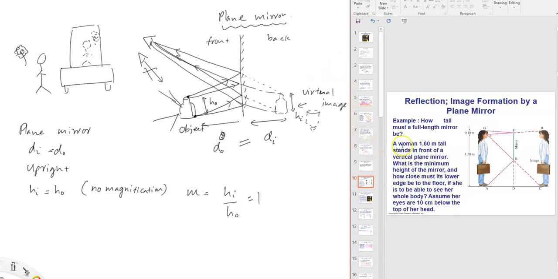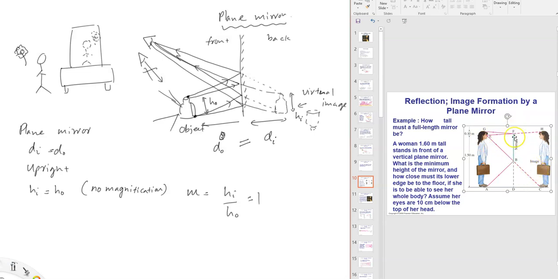The height of the person is 160, so from bottom to top of the head, 1.6 meters. And her eyes, which are what we need to see something, are 10 centimeters below the top of the head. So here's the image on the right side.